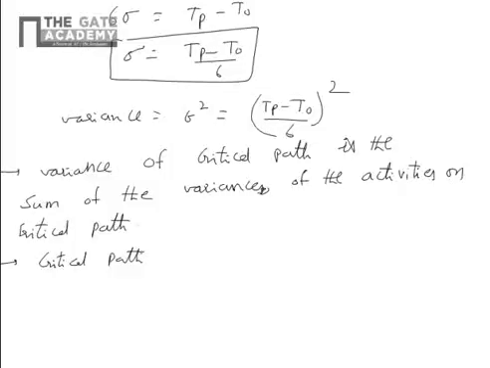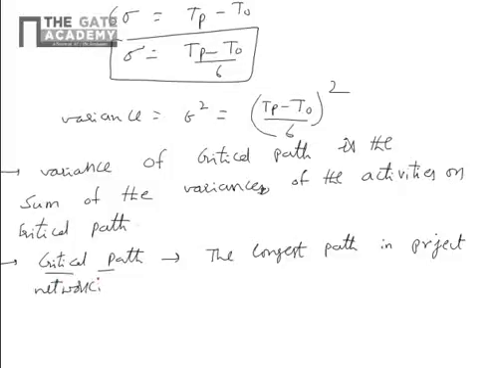It is the longest path through the network. Standard deviation of critical path equals the square root of the variance of critical path.